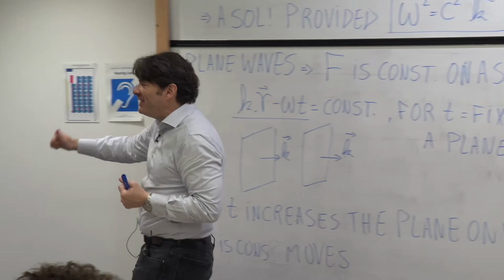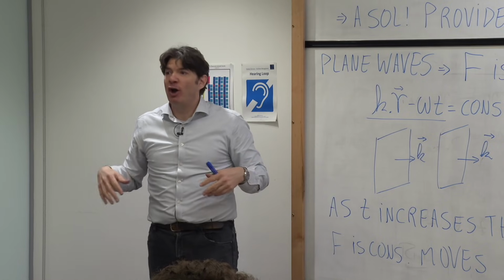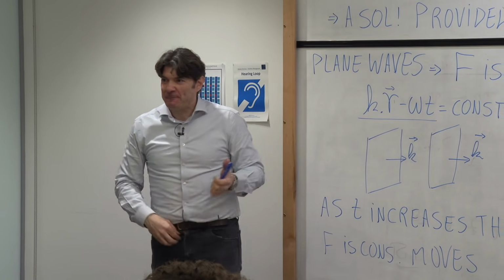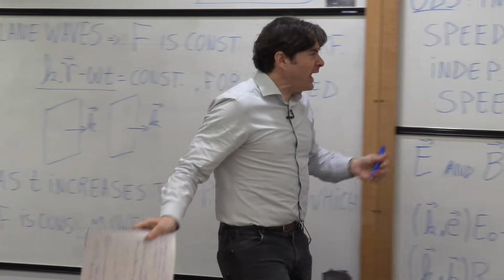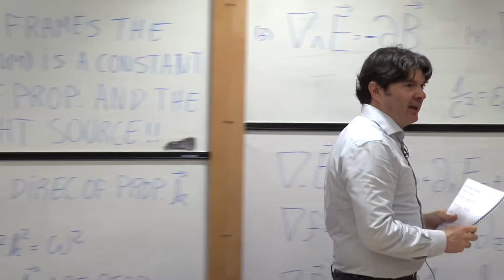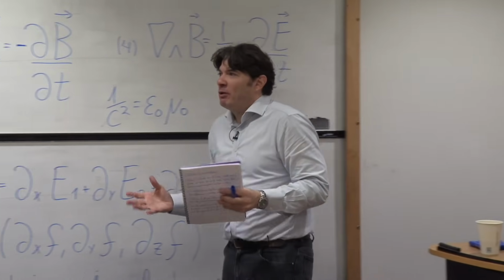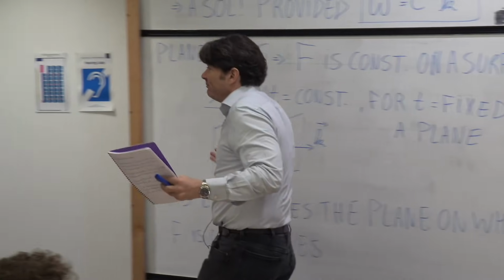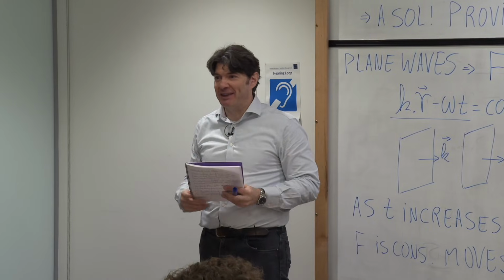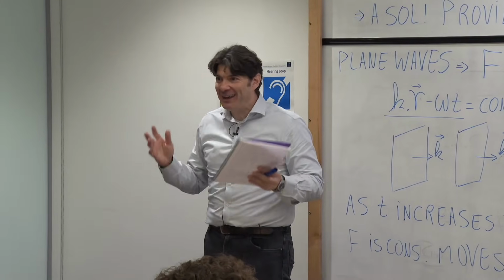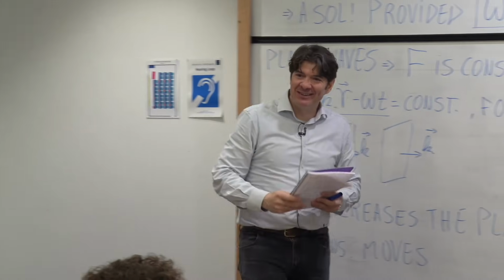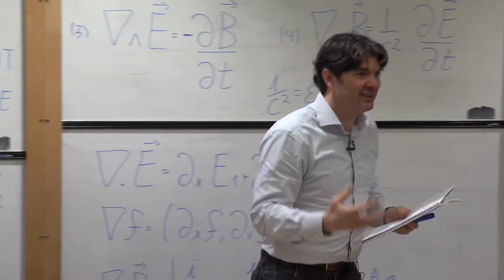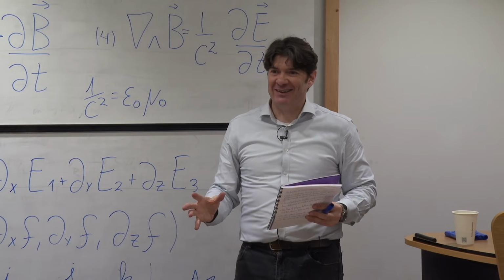Someone who is coming against you really fast also sees that, okay? I was torturing my son yesterday, telling him that, and he told me, well, surely if you are going at the speed of light, then you will see the photons around you going at the same speed and just at rest. No, even so, you would see that the photons always go at the speed of light, okay? Any questions about this?